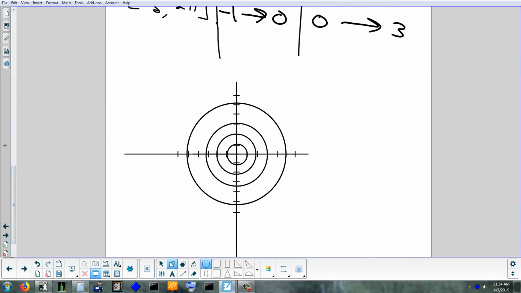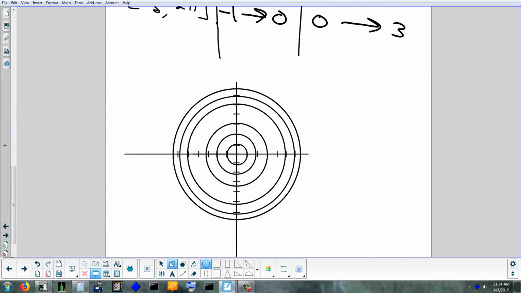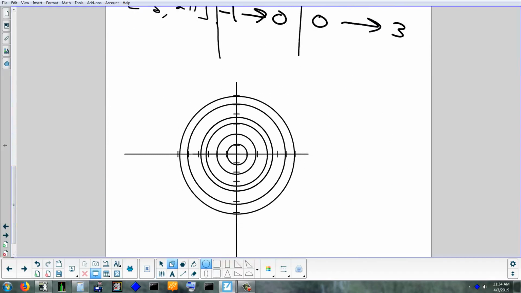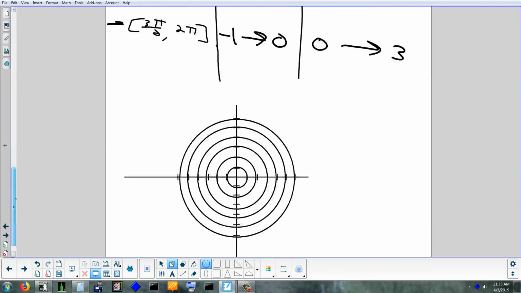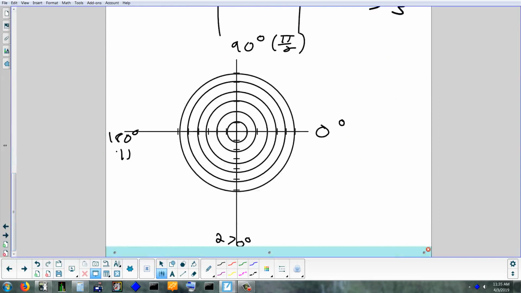Let's put the circles in. That's as good as I can do. All right, so let's label our angles: 0, 90, 180, 270. If you want to think of it in radians, pi over 2, pi, 3 pi over 2.